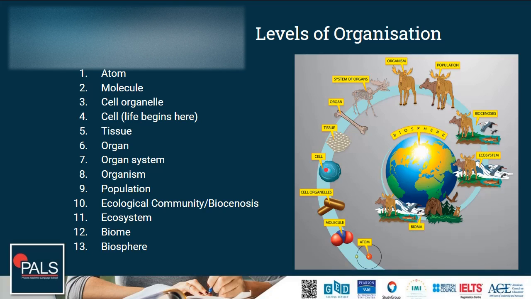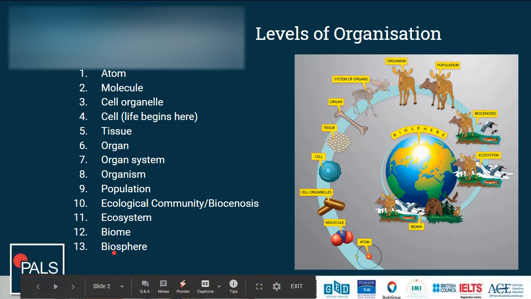From cell we go over tissues to organ systems, to the organism as a single individual, and then we see populations as groups and ecological communities and ecosystems, biomes, and a biosphere.